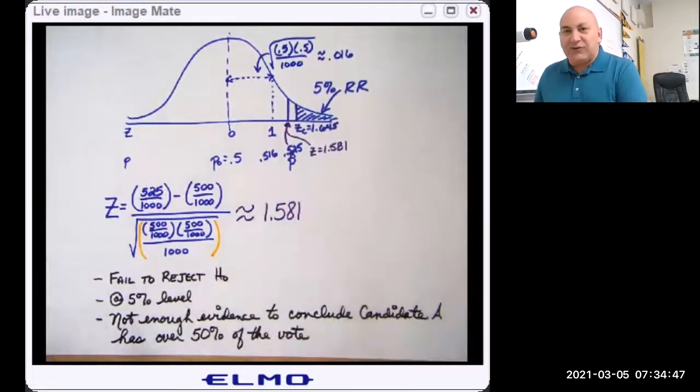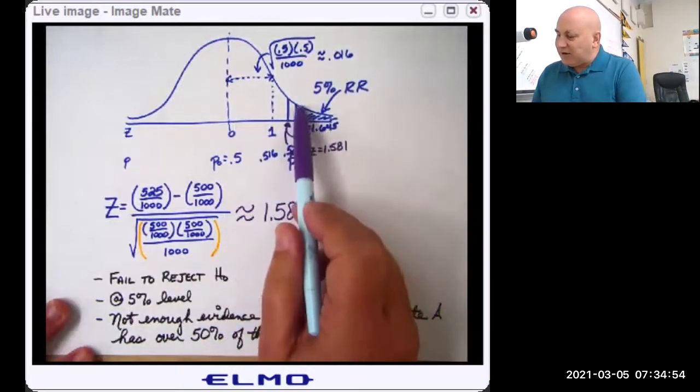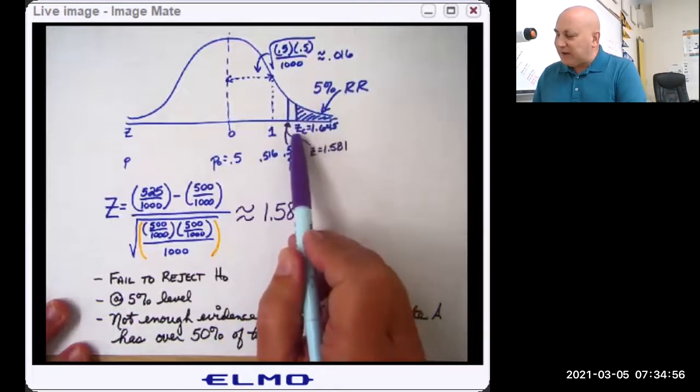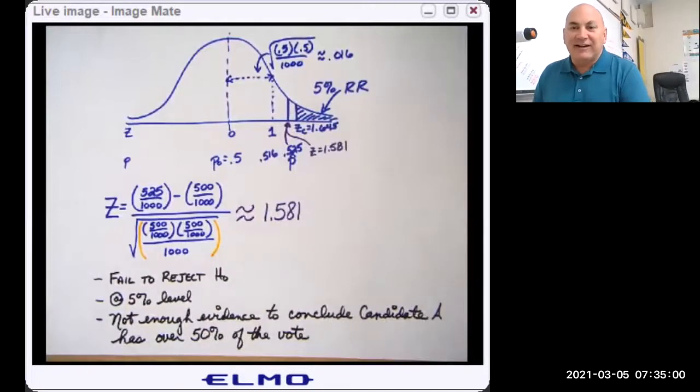To make sure that there's less than a 5% chance that that happens, we set an alpha of 5%. In our rejection region, we would have to get a sample out here before we could conclude that candidate A has over 50% support. We didn't get that sample. So there's not enough evidence.